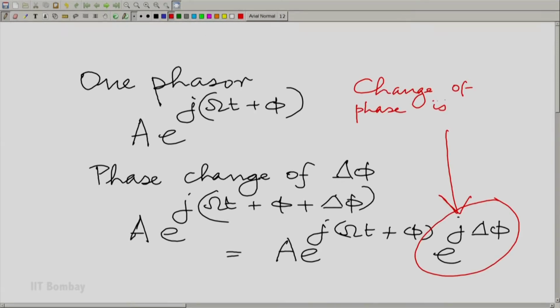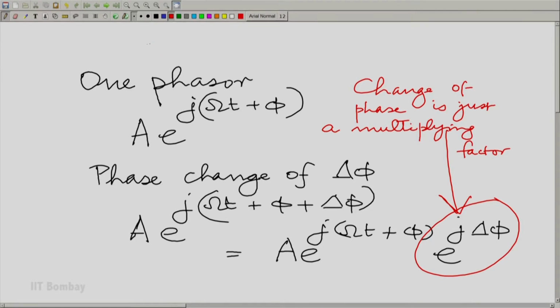A change of phase is just a multiplying factor, albeit a complex multiplying factor. That is not really our problem, but it is just a multiplying factor, and that is why we could, in the context of electrical circuits, R, L, C circuits, treat the voltage current relationship as constant independent of time if the excitations were sinusoidal. So, you could look at one of those rotating complex numbers.